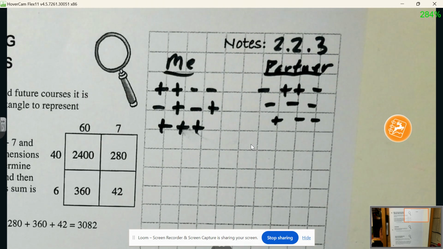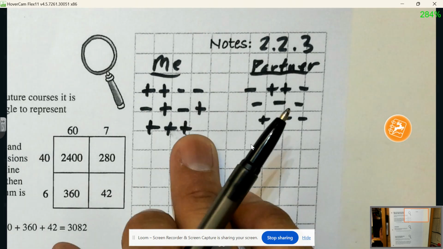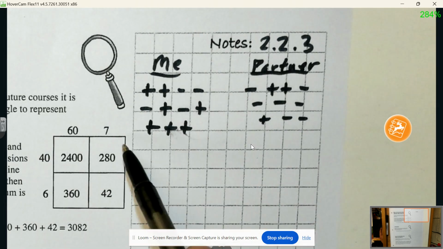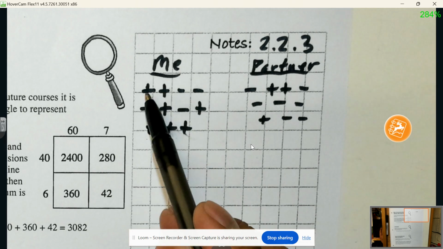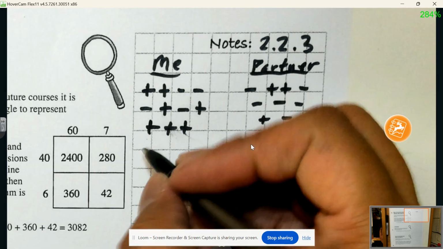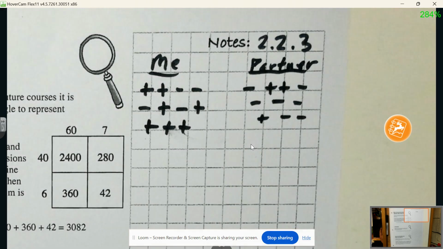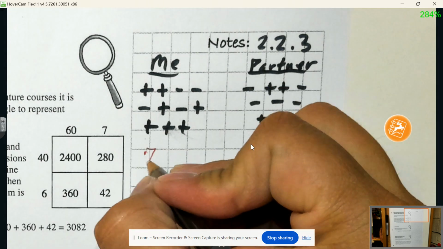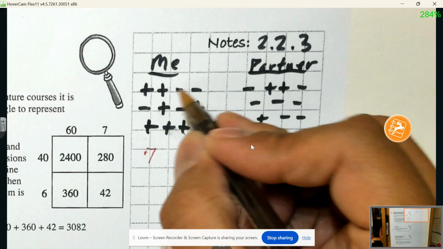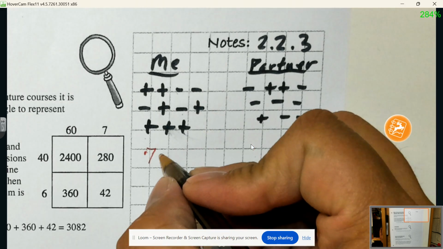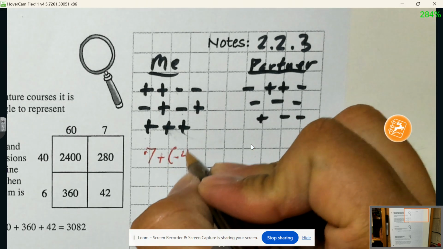So looking at the tiles, we can start focusing on the pluses and the minuses. And you see that in your pile, you have 1, 2, 3, 4, 5, 6, 7 positives, which we know now represents 7. And 1, 2, 3, 4 negative tiles, which we know represents negative 4.